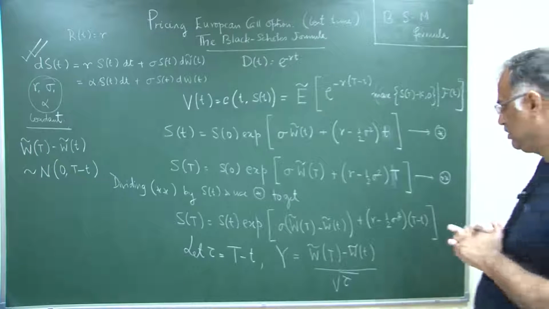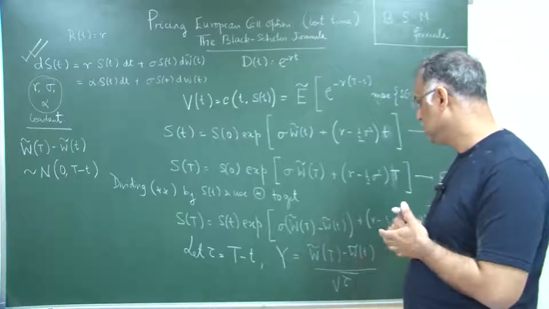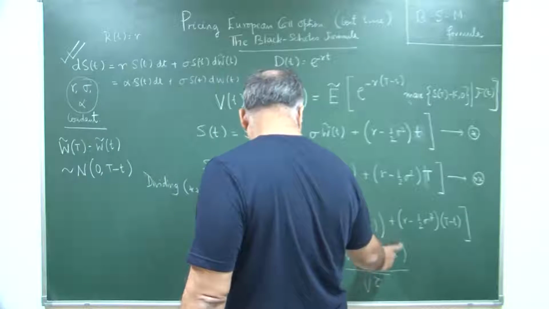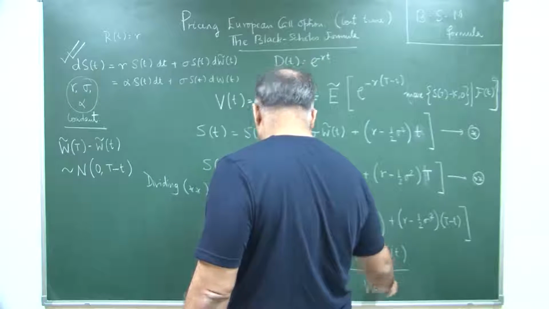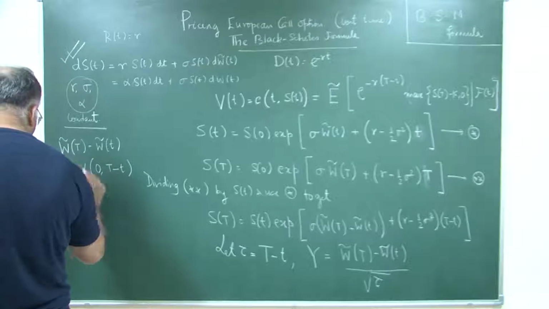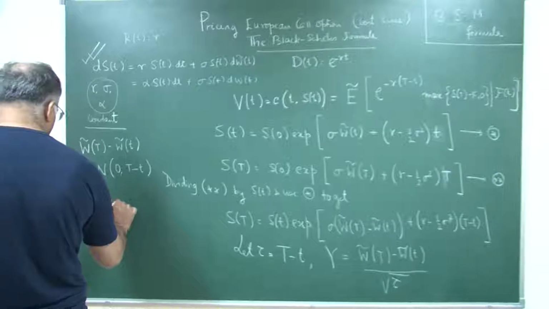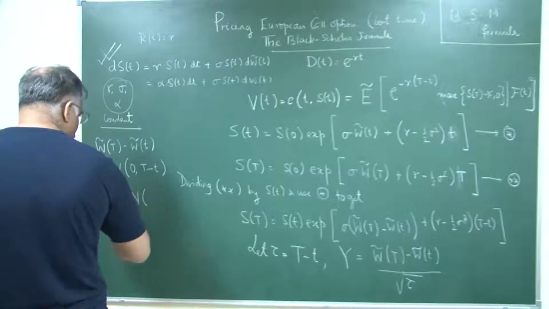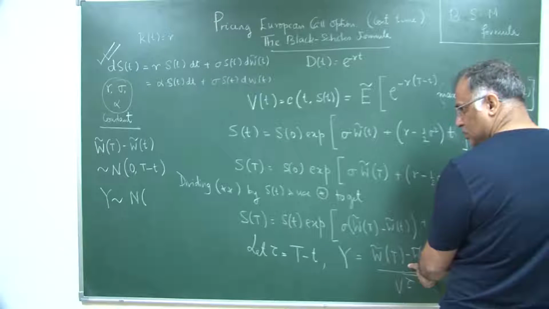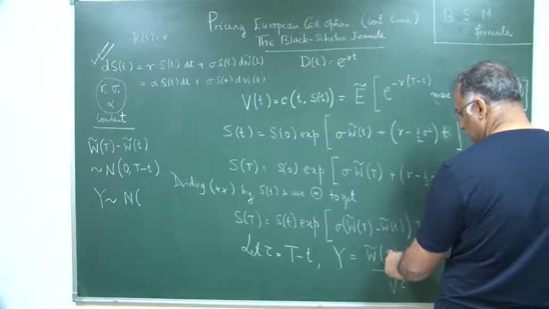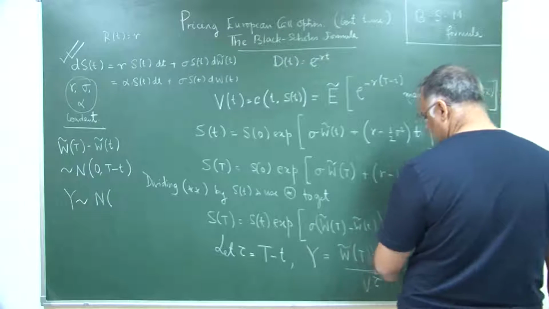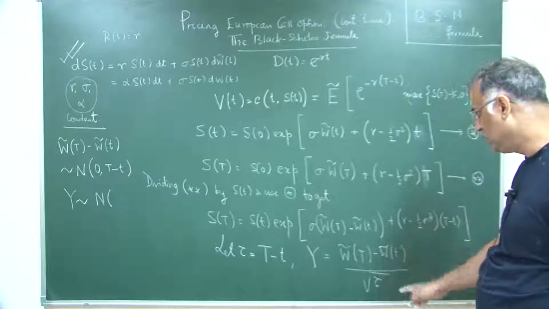Once you have this, you take a normal random variable and scale it. So you will get a random variable Y, which would be a normal random variable with mean 0, and the variance is 1.